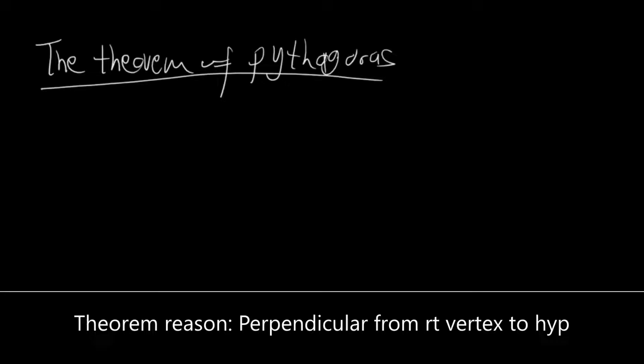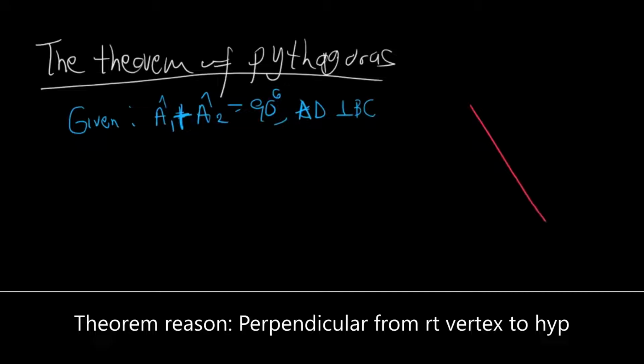Anyways, what we are given is a diagram, which has angle A1 plus angle A2. You're given that AD is perpendicular to BC. So the diagram that I'm talking about looks something like this.